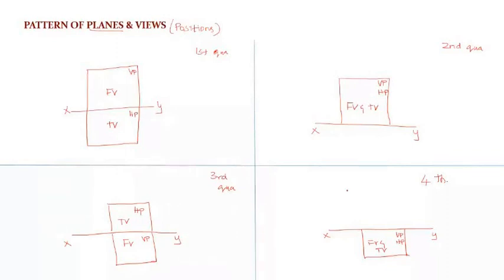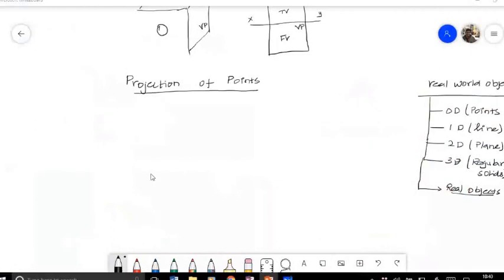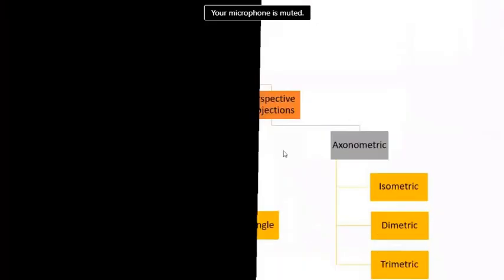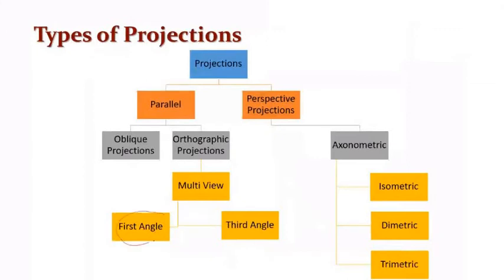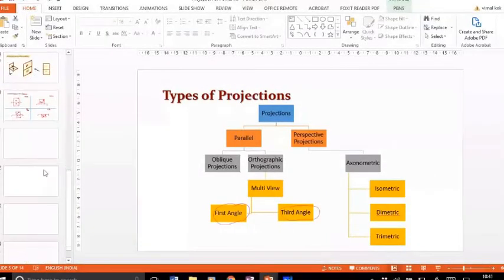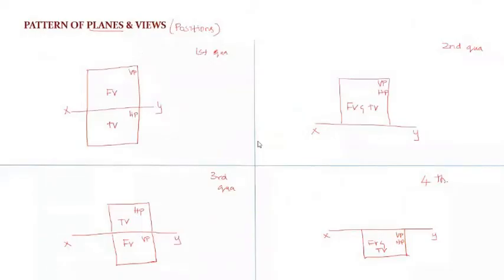I didn't show the second and fourth angle, which are obtained from the second and fourth quadrant. Have someone noticed that? Yes, sir. I hope you noticed, right? I'll tell you the reason for that.